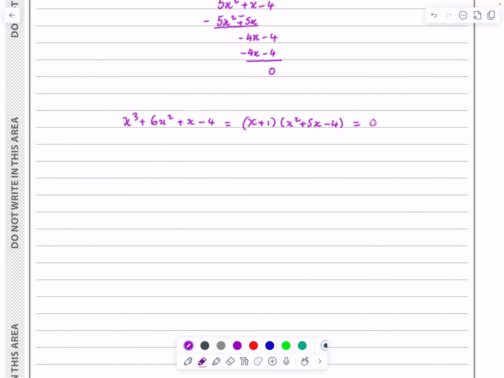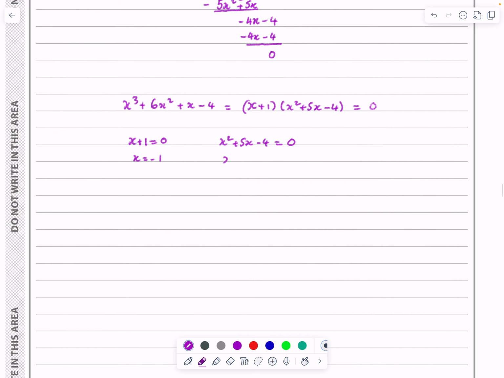It doesn't factorize, so taking the two factors, x plus 1 equals 0 will give me x equals minus 1, and then x squared plus 5x minus 4 equals 0. As I say, we need to use the quadratic formula on that. So x works out to be minus b plus or minus the square root of b squared minus 4ac, all over 2a.